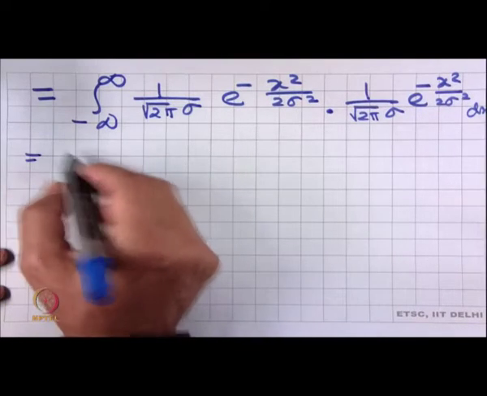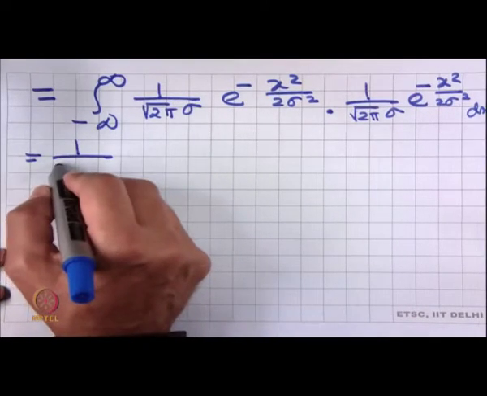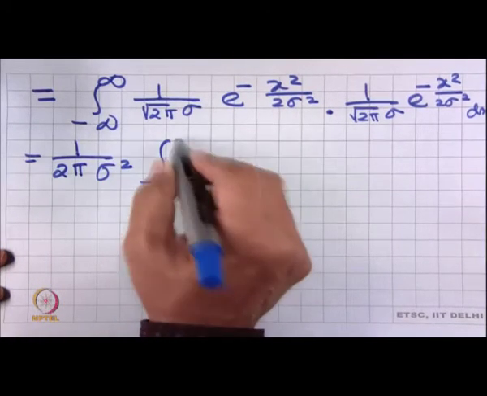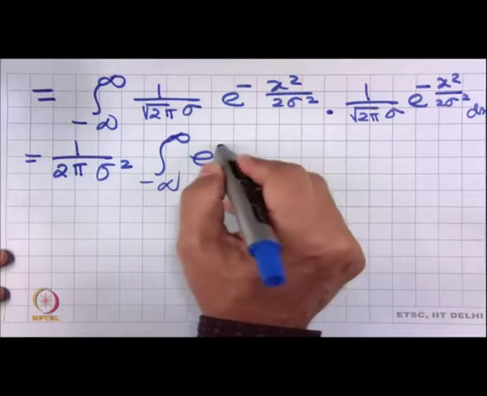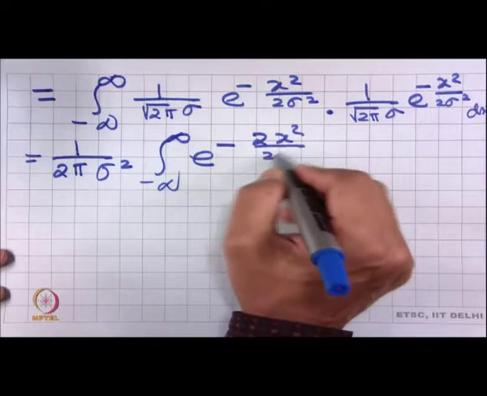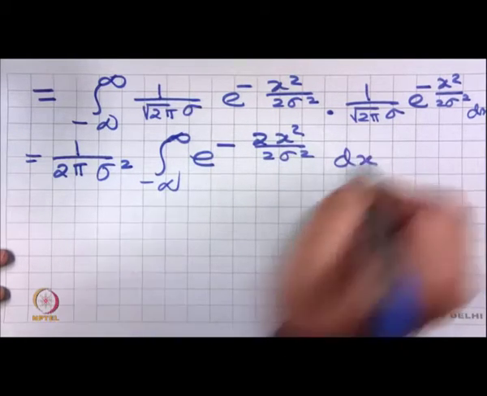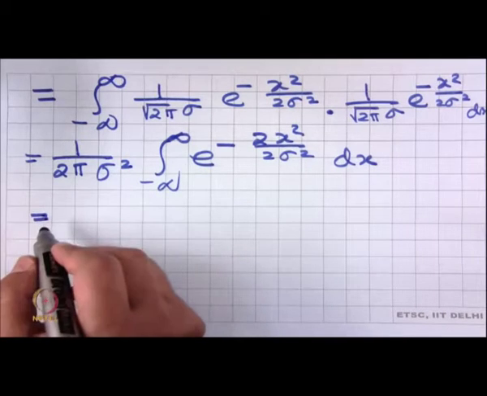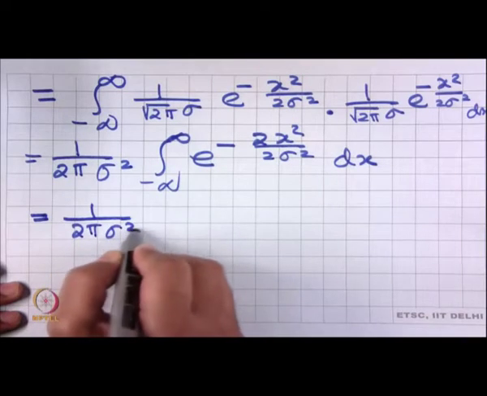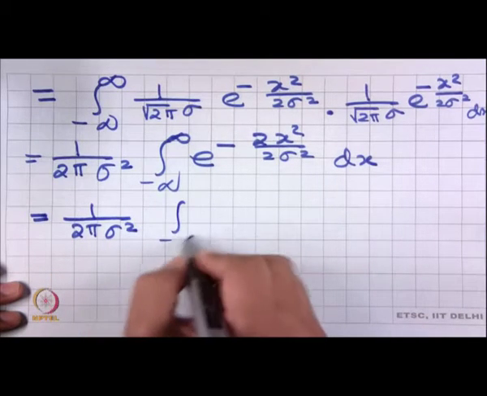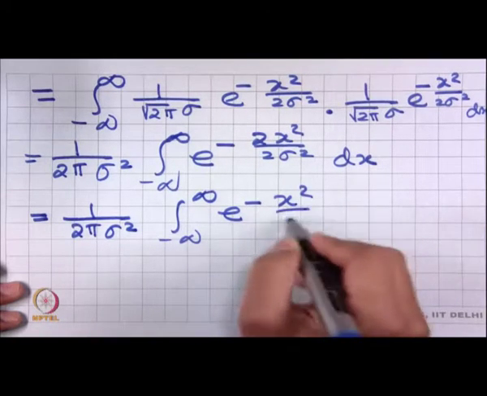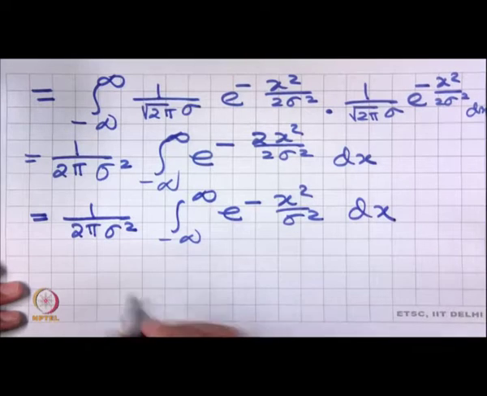That is equal to 1 over 2 pi sigma square times the integration from minus infinity to infinity of e to the power minus x square upon sigma square dx.